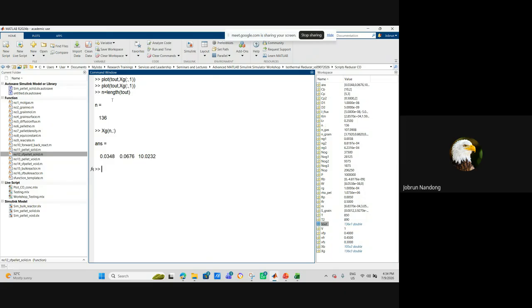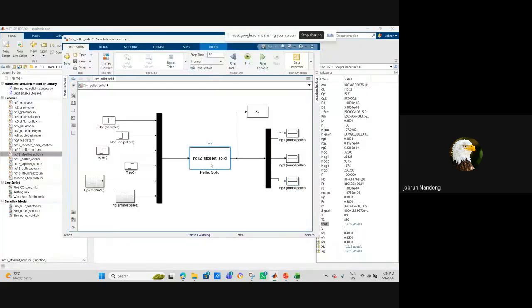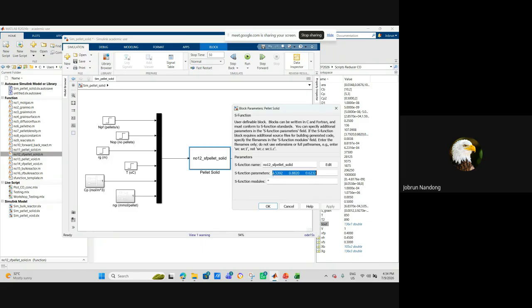Yeah, type that. So that is your steady state value. Once you get it, you just copy this, and then after that, you insert it back there. This is just a guess value, not yet the correct one, right? So we just copy and change that one. Copy and paste it. Then apply.